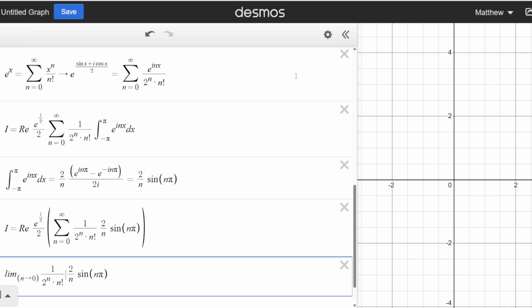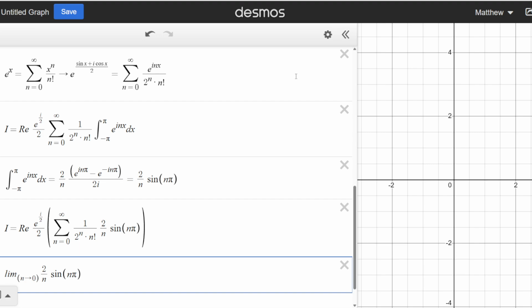The first part is just going to be 1, because 0 factorial is 1 and 2 to the 0 is 1.